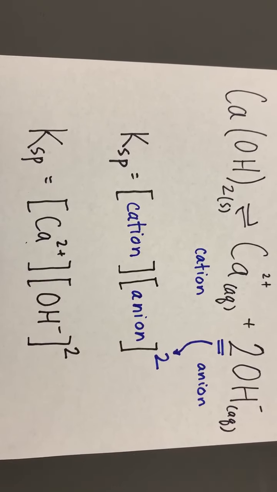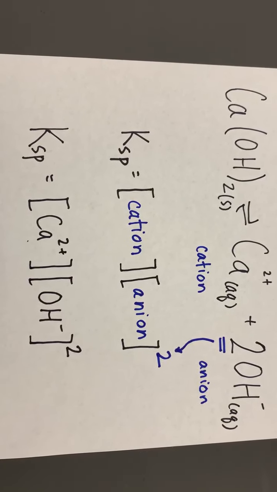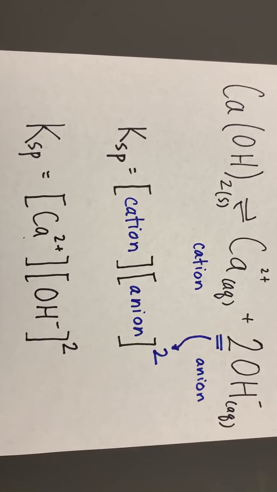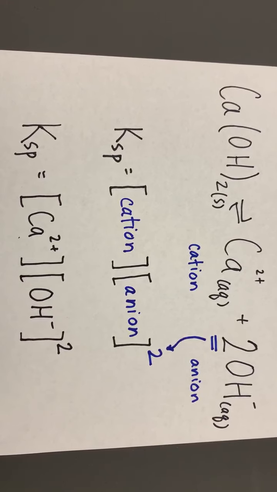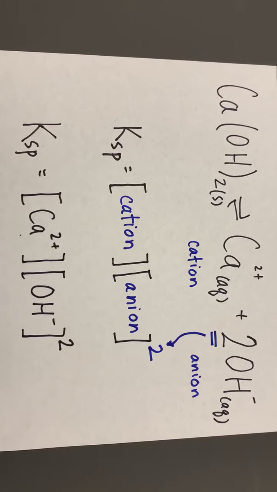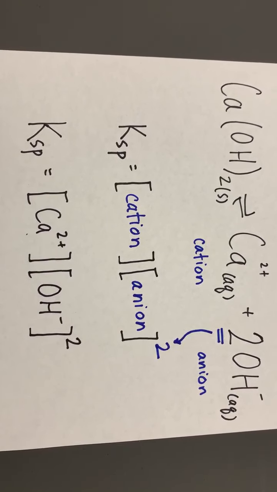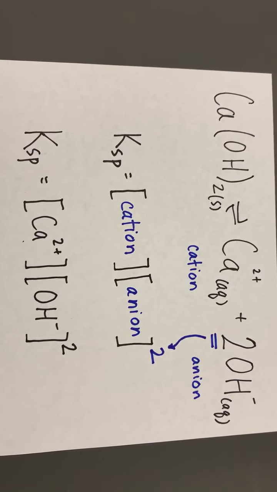So the first thing we're going to do is make the solution. Once we've made the solution, we're going to titrate it 4 times, and this will allow us to calculate the Ksp. So I'm going to go ahead and move the camera.